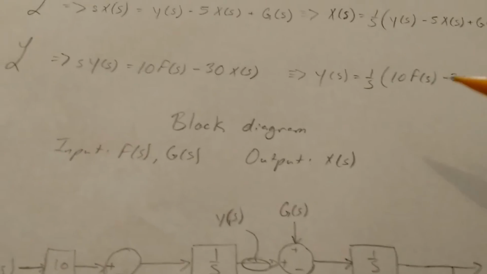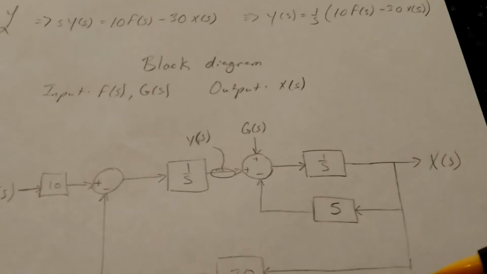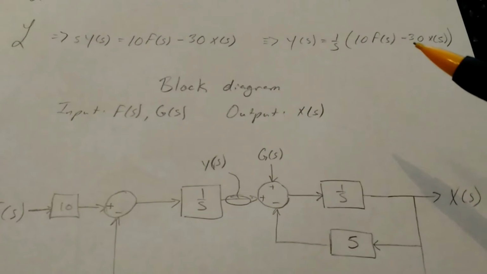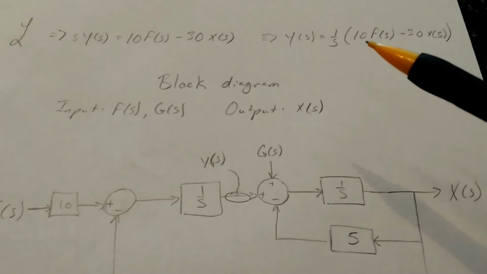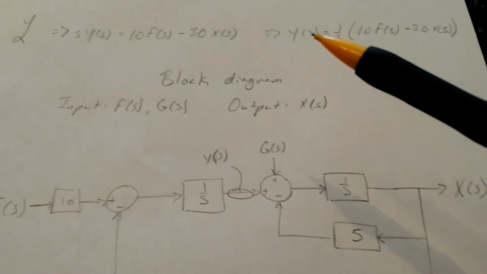And so I started with this equation and built off of that, which, as you can see, we need a 30 x of s and a 10 f of s to make this y of s.